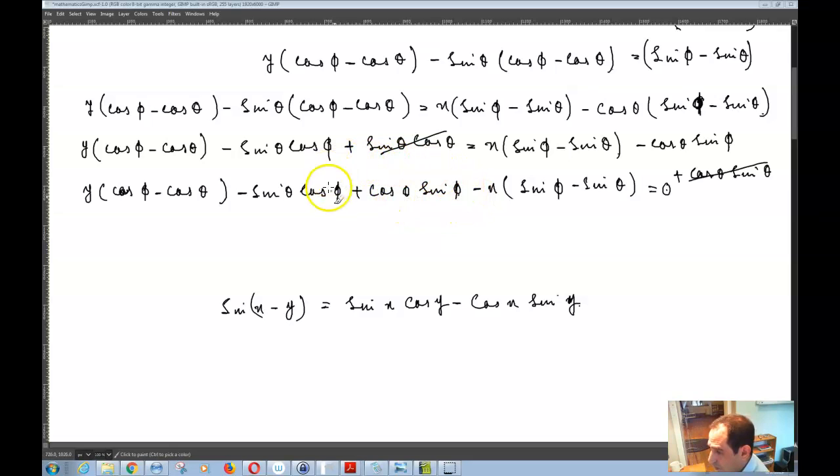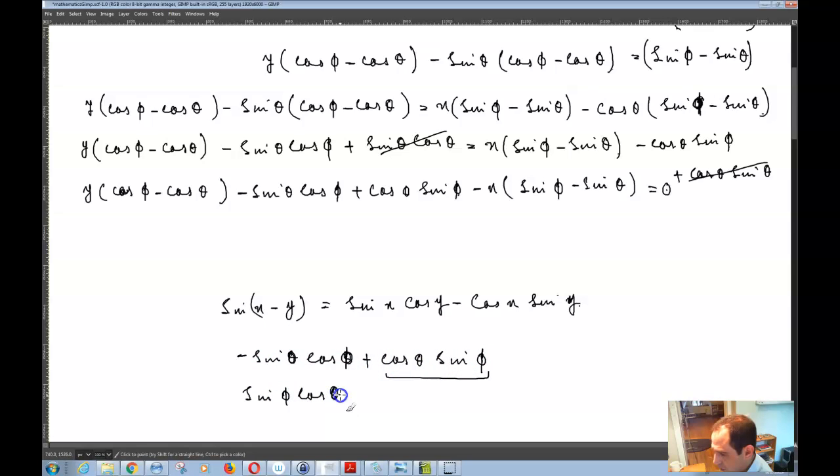So I can write this part over here, which is negative sine theta cos phi plus cos theta sine phi, as basically sine phi cos theta minus cos phi sine theta, bringing sine phi first.